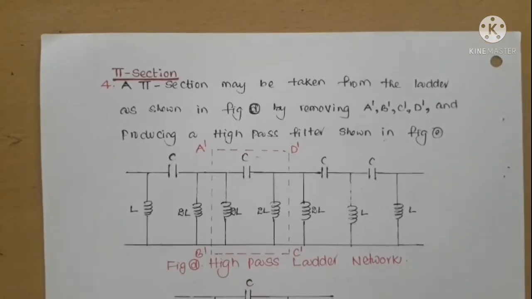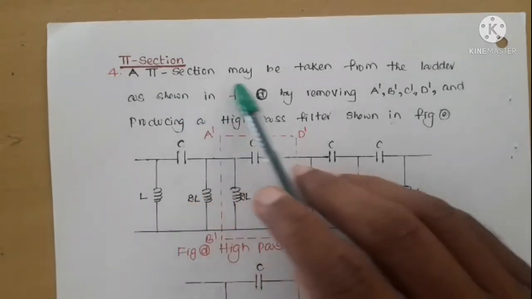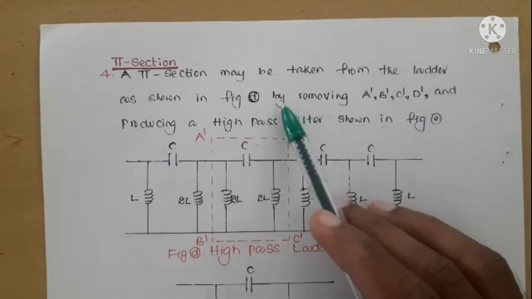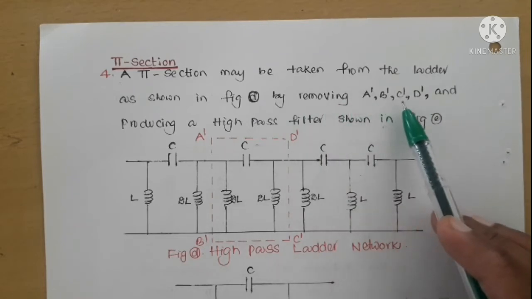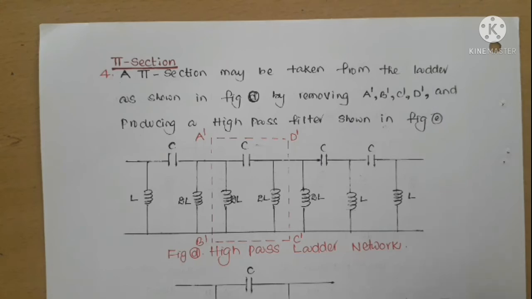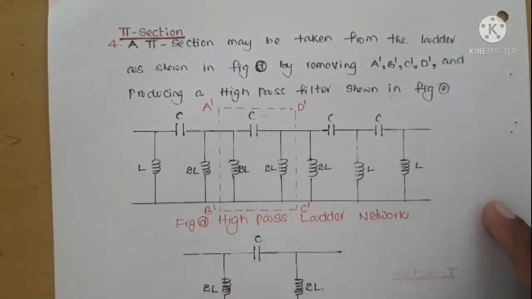In a similar manner, if you want to take out a pi section, it may be taken from the ladder as shown in figure D, by removing A dash, B dash, C dash, D dash and producing a high pass filter shown in figure E. This is a high pass ladder network.